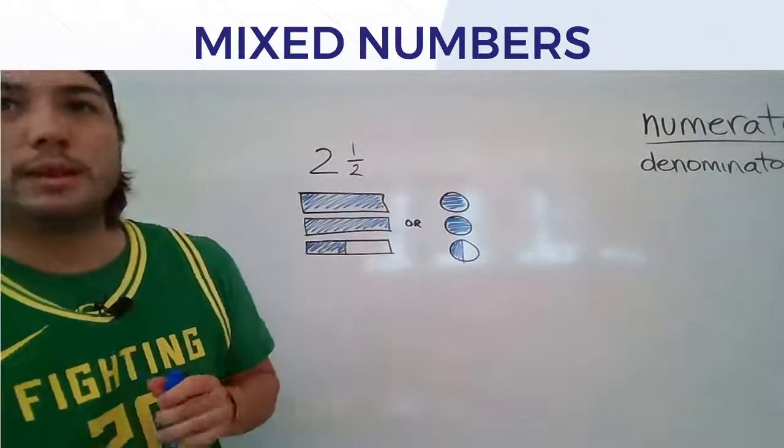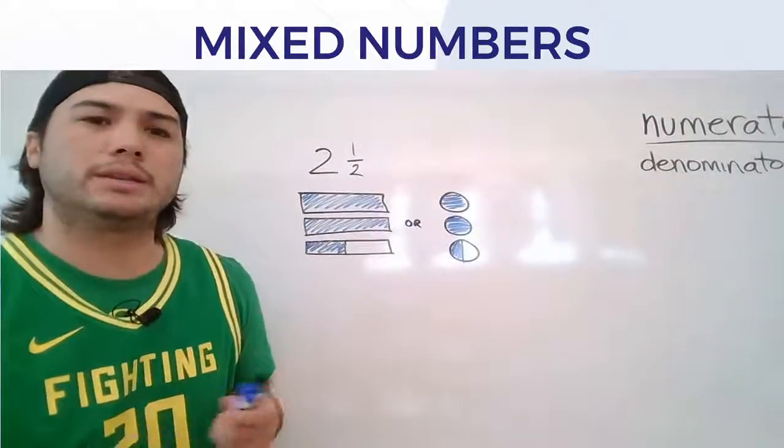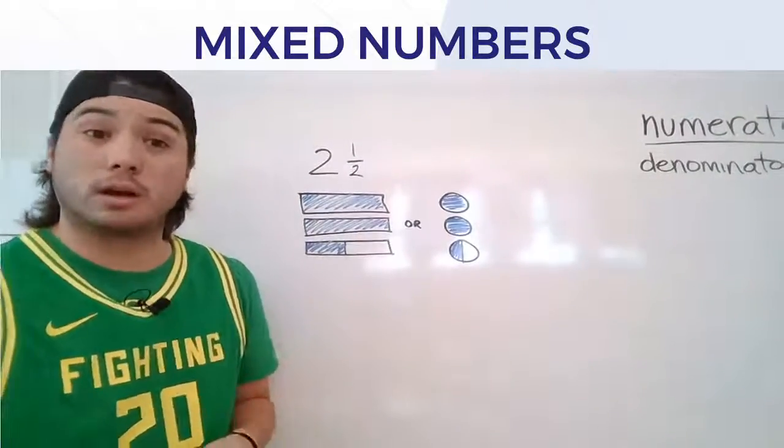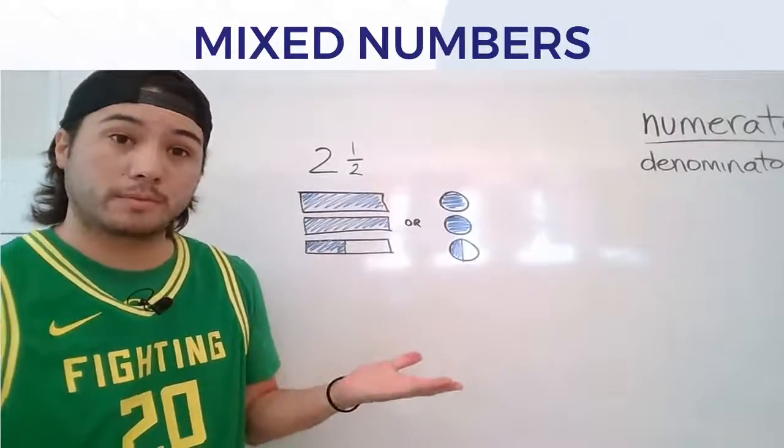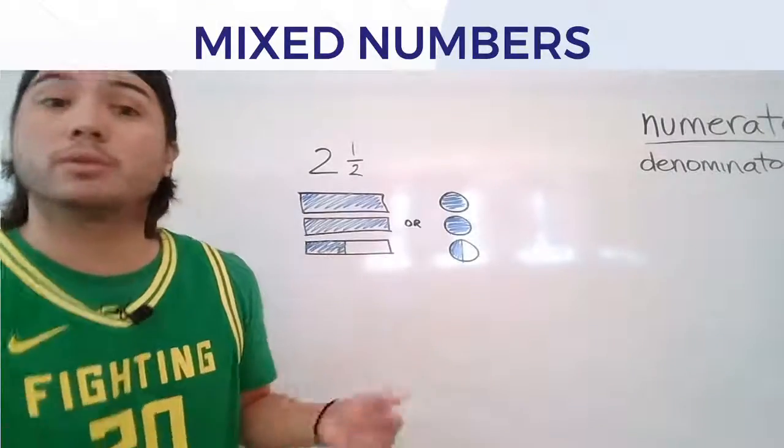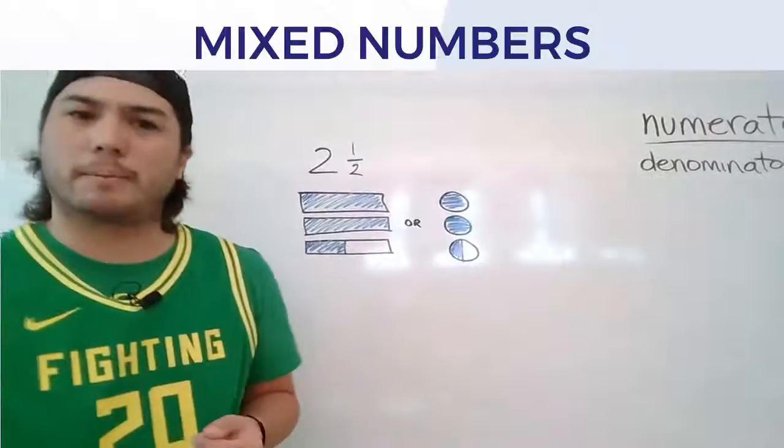Okay, so really a mixed number is nothing we haven't worked on before. We've worked with whole numbers before. We've worked with fractions before. Now we're just working with both of them at the same time.